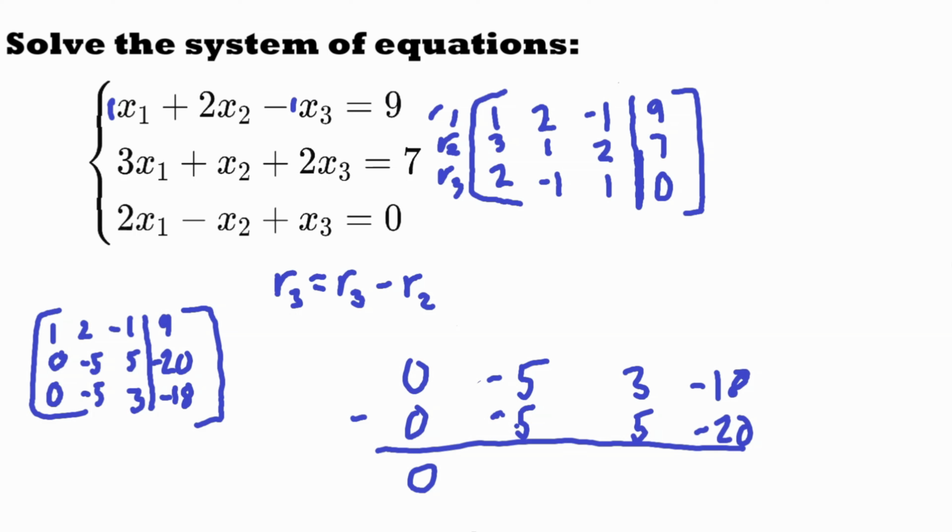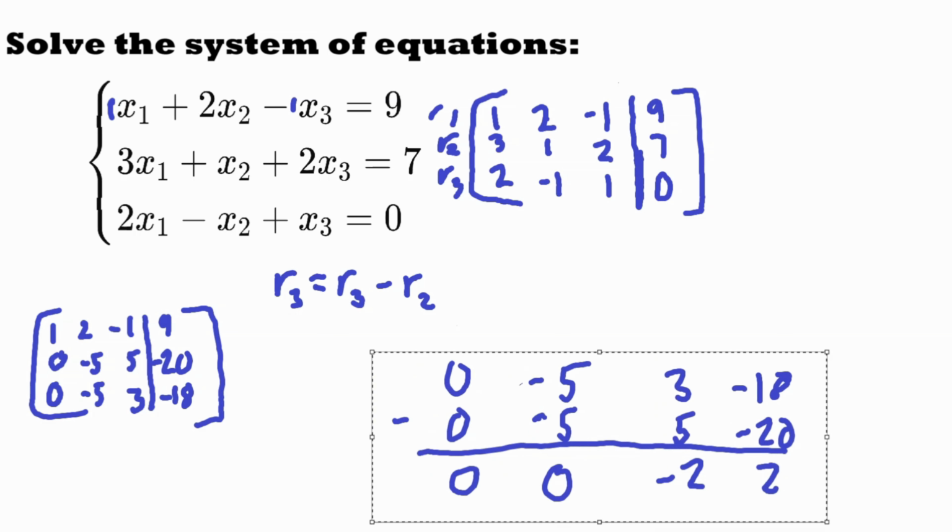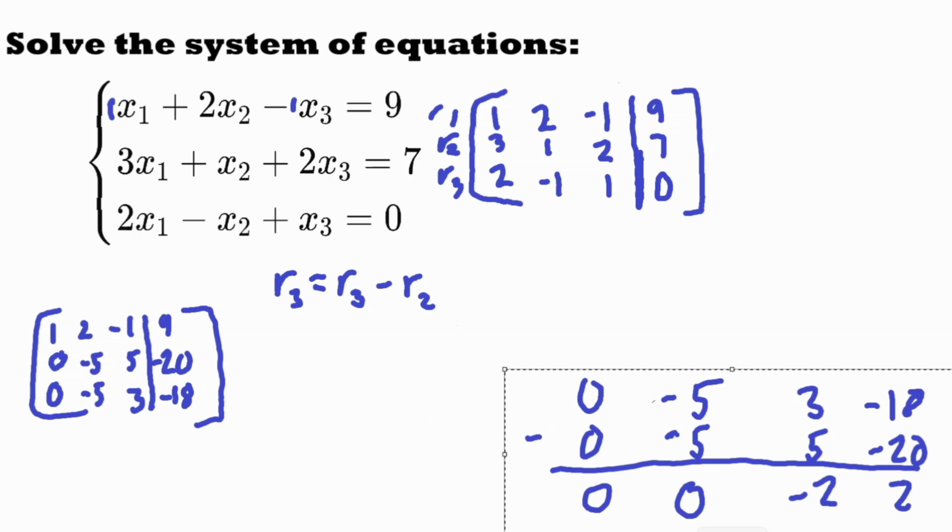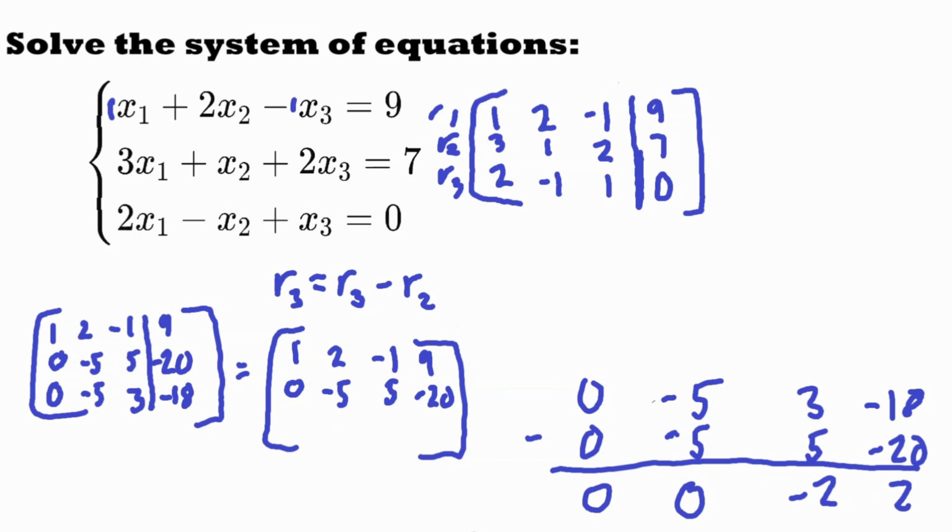Negative 5 minus negative 5 is 0. 3 minus 5 is negative 2, and negative 18 minus negative 20 is negative 18 plus 20, so that is 2, okay? So this is our new third row. So let me move this a little so I can draw the new matrix. So now we can put in our new third row: 0, 0, negative 2, and 2, okay?